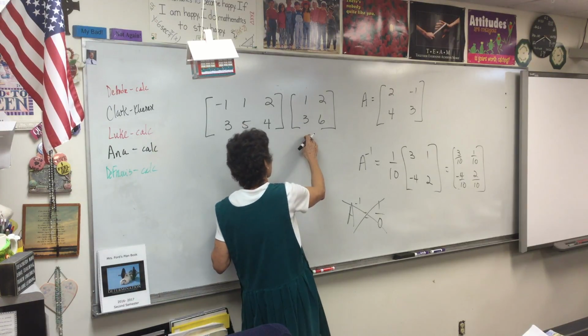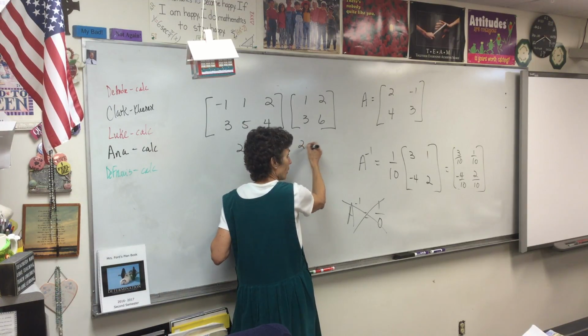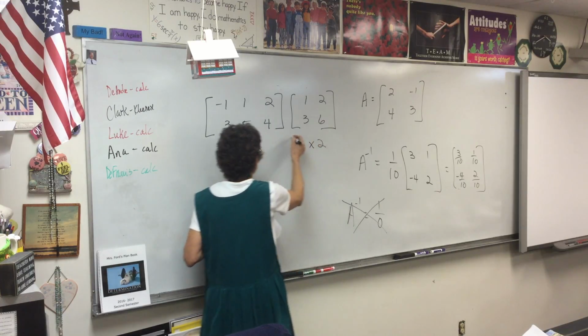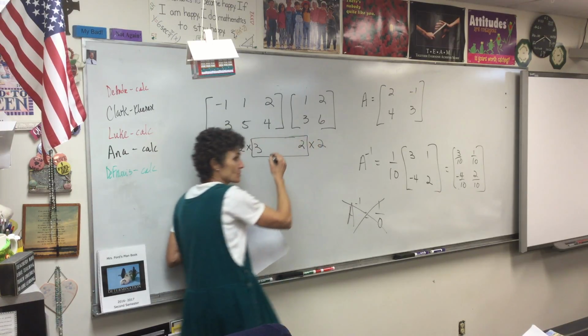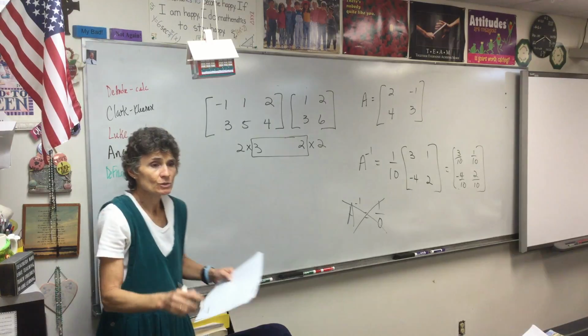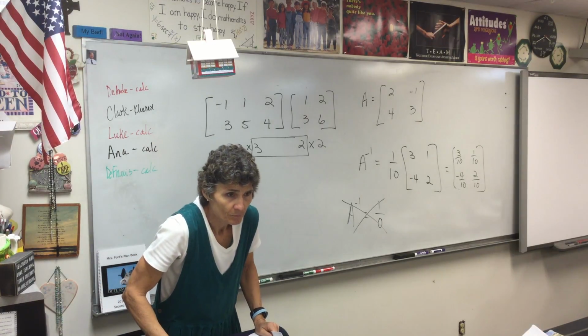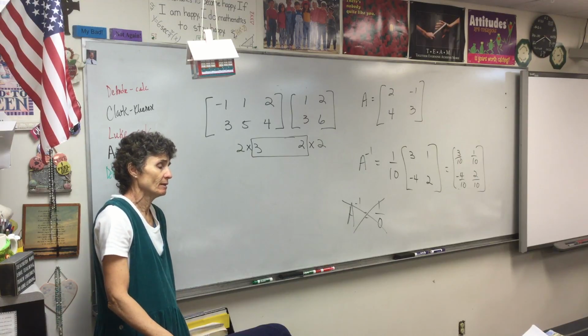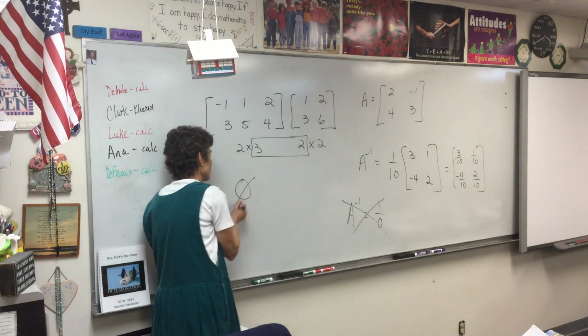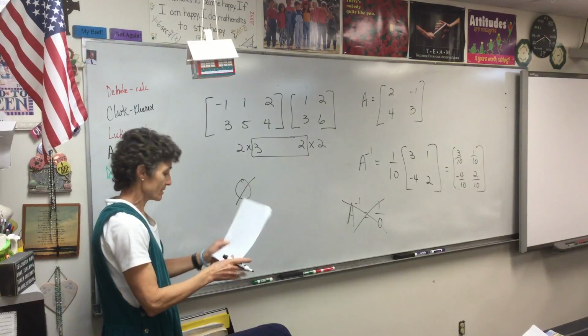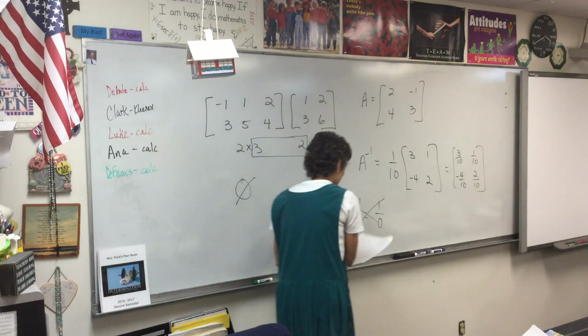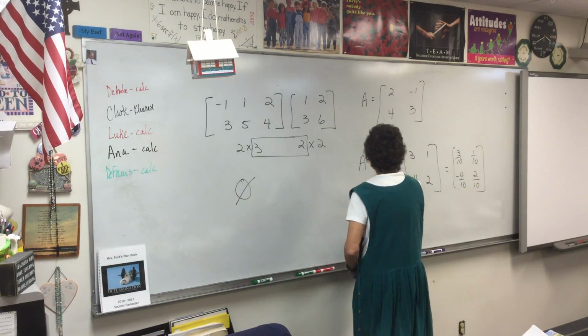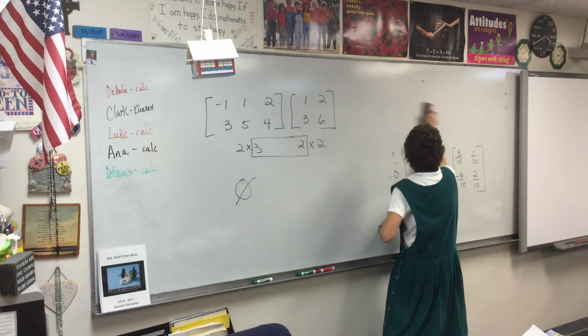What are the dimensions of A? 2 by 2. Uh-oh. They can't work. We have trouble in River City, folks. Those don't multiply. They don't multiply because they don't match in the middle. So no solution.